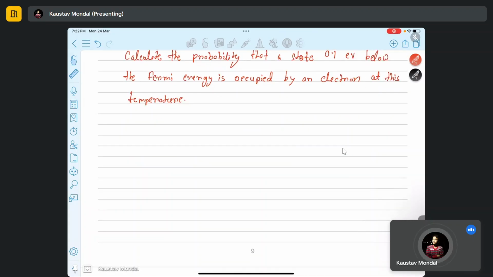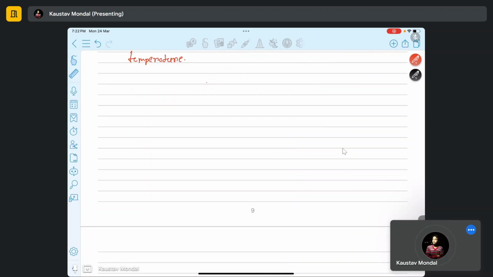So first write the Fermi function, the probability function, f(E) equals 1 over e to the power (E minus EF) by kBT plus 1.